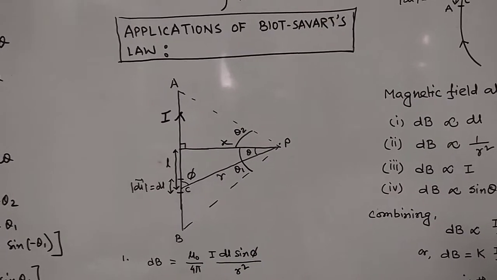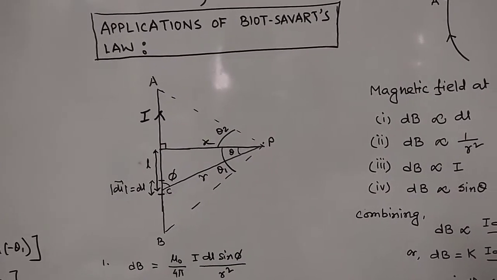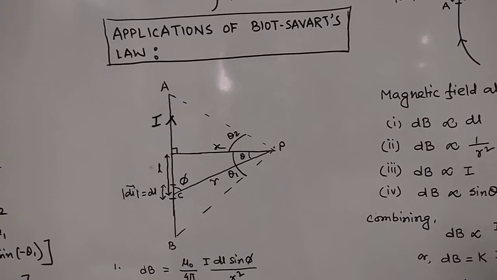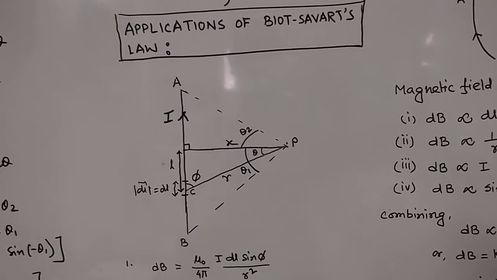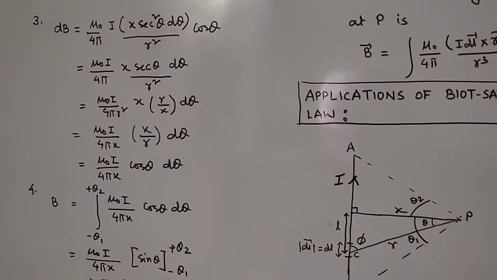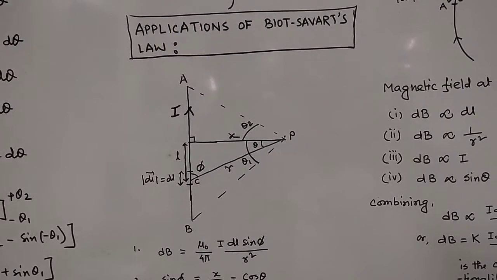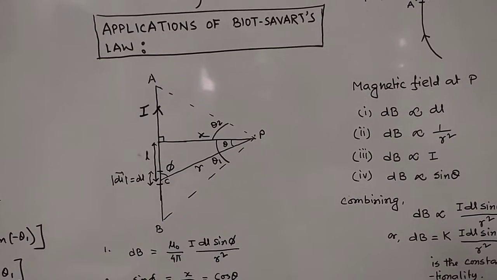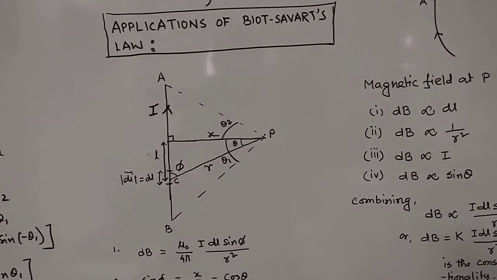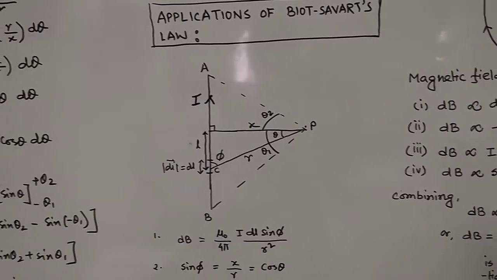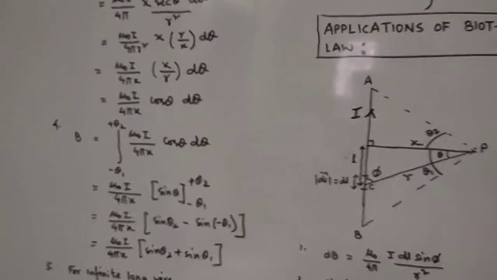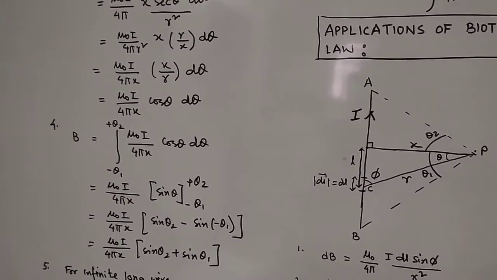Theta 1 and theta 2 are the angles made by PB and PA with respect to the reference line X. So below the reference line we are considering negative, and above the reference line positive. So below the reference line is theta 1, so minus theta 1 to plus theta 2.